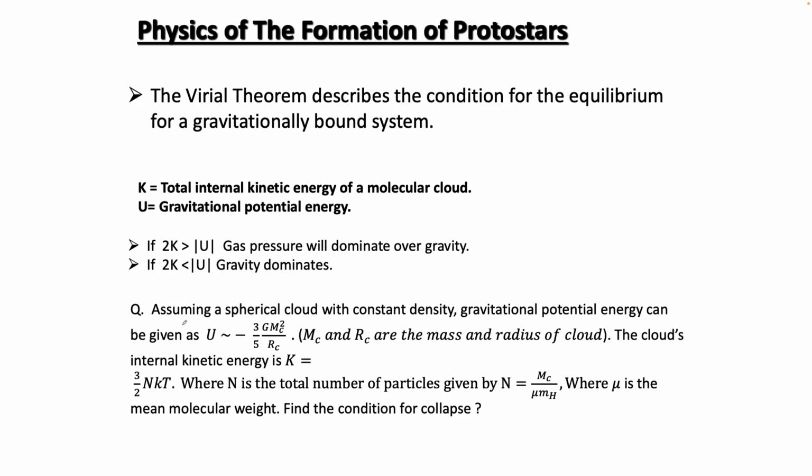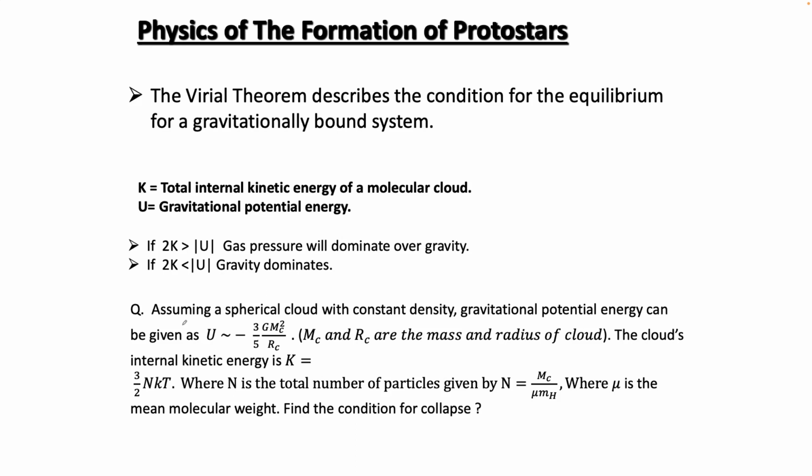And the cloud's internal kinetic energy is given as K equals 3/2 N k T, right? Where N is the total number of particles given by N equals M_C over mu m_H, where mu is the mean molecular weight.